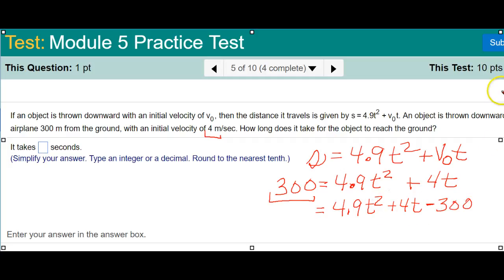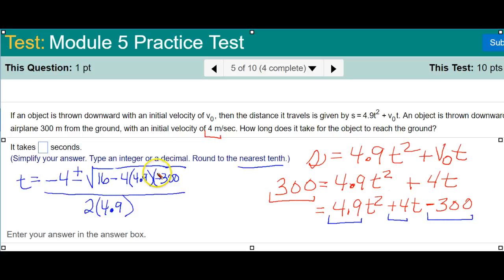So I would suggest this probably is not going to factor, that you're going to find your a value, your b value, and your c value, substitute it into the quadratic formula, and once you find the value, you're going to look for a positive solution, not the negative value, and then you're going to round it to the nearest tenth.